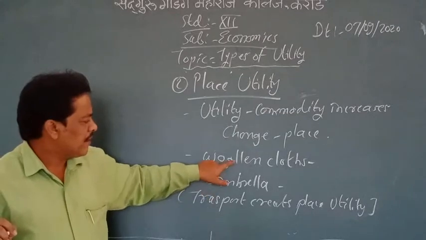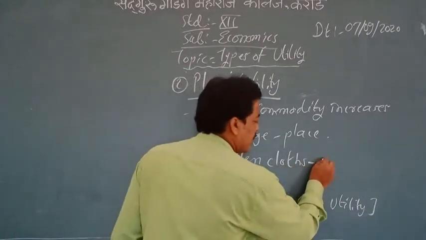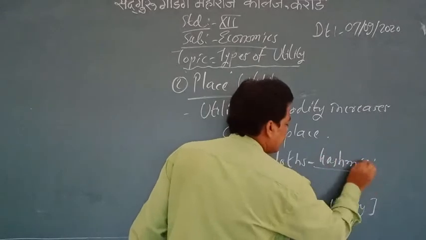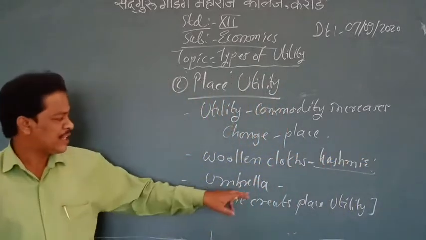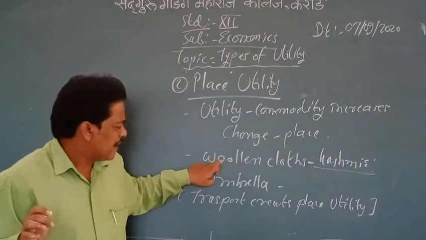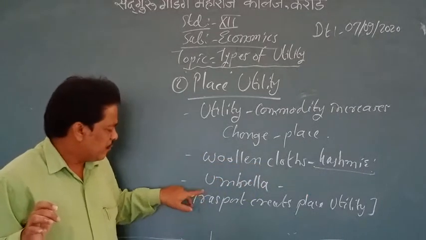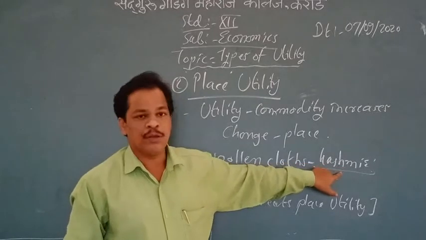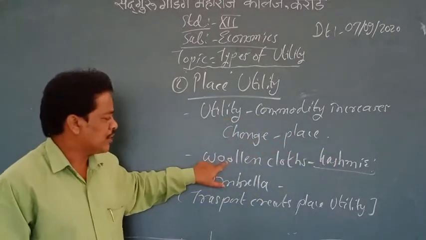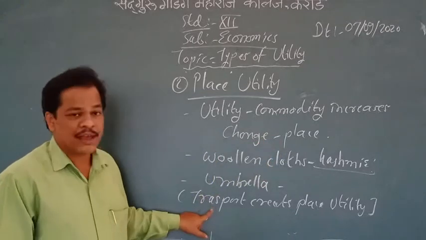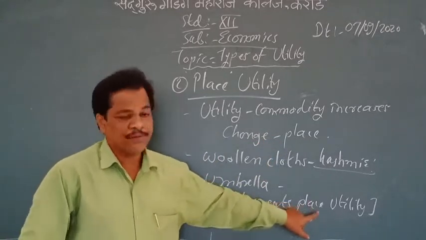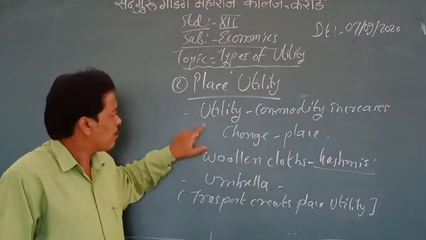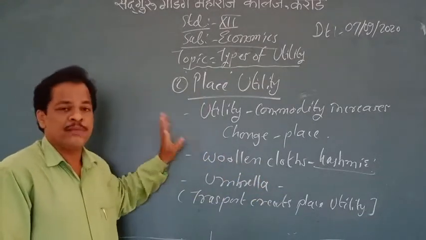The shopkeeper who is in Kashmir has some kind of demand. He is going to ask for woolen cloths, and at that time, with the help of transport, all the woolen cloths will reach Kashmir, and the shopkeeper will sell those woolen cloths or sweaters. But if transport is not available, there is some kind of problem for place utility. So transport is very important when you are looking at place utility.